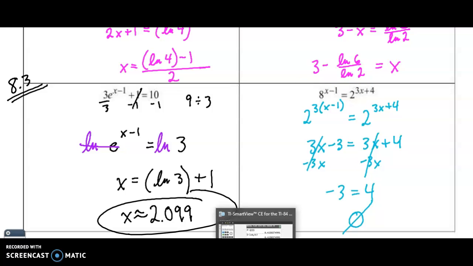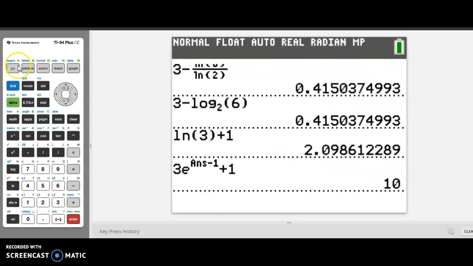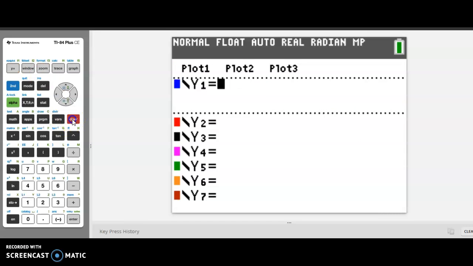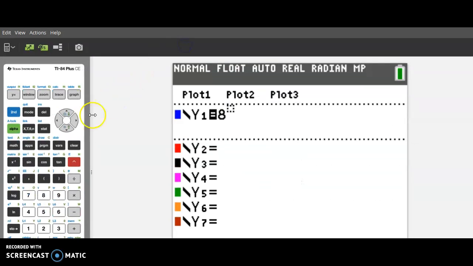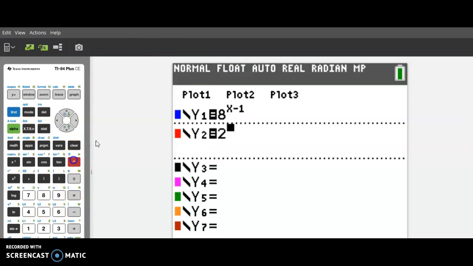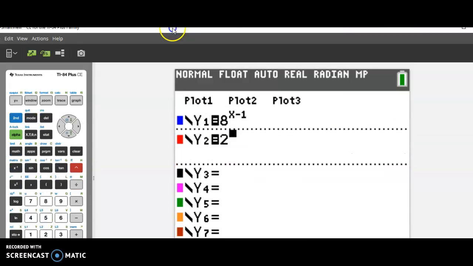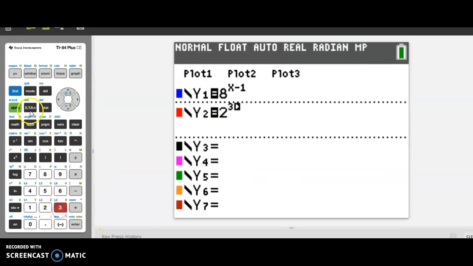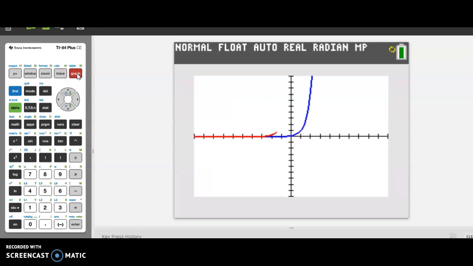So if you were to use a graphing calculator, if you go back to y equals and you type in 8 to the, I already forgot what it was, x minus 1 power, and then 2 to the 3x plus 4 power, I think you'll notice that they never cross each other.